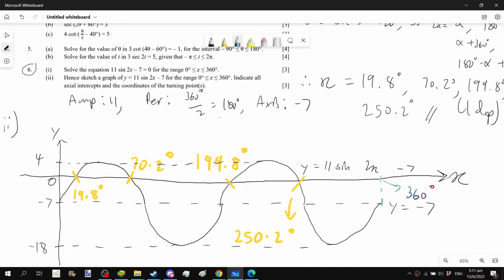Consequently, that would mean that this middle portion over here is 180. This portion here is 90.